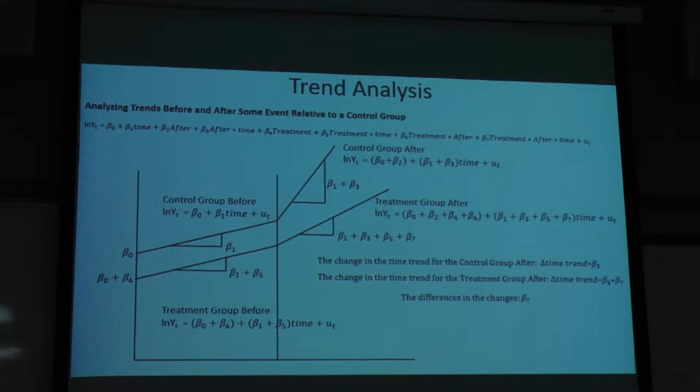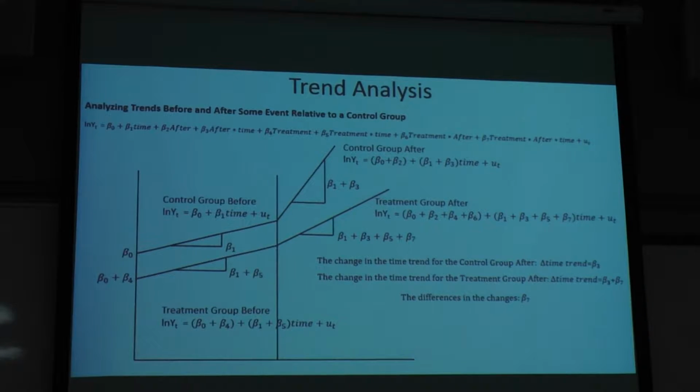So we're not looking at the slopes, we're looking at the changes in the slopes after the event. So it's just saying the event caused a statistically significant change, by looking at one coefficient. That one coefficient is beta 7.